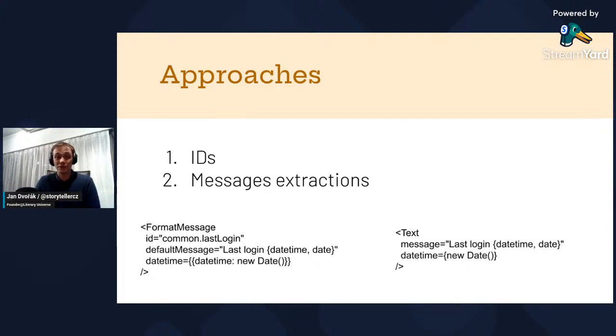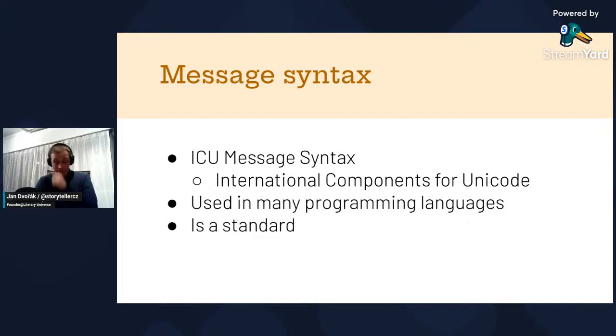So that's once you get into more advanced options there. That's my personal preference. Another personal preference, and what I use, is something called message syntax. It's officially ICU message syntax, ICU standing for International Components for Unicode.